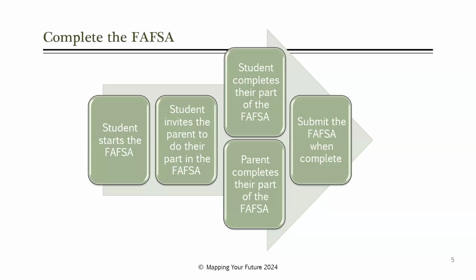The student section is going to be more of student demographics, as well as the student's financial information and what colleges they want to go to. The parent section, on the other hand, is going to look mainly at financial information, some demographics, and then confirming that the information the student put in is correct. Once that is done, you can go ahead and submit the FAFSA, and then it will go on to the financial aid offer that you will receive from your school.